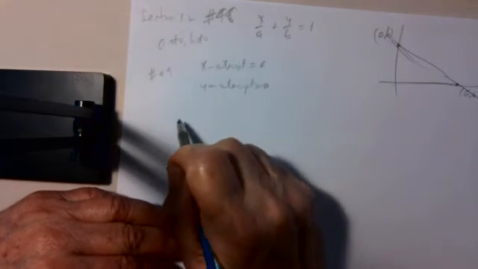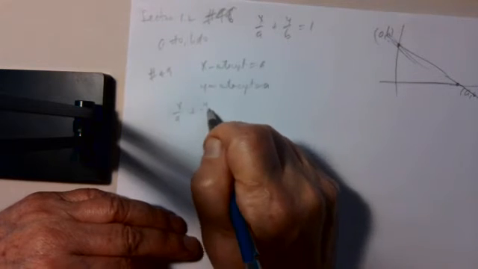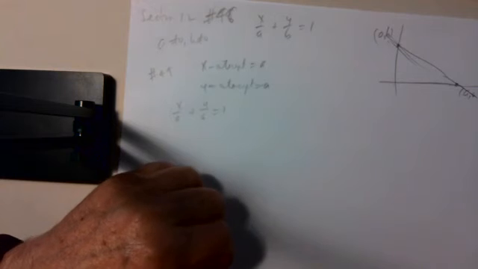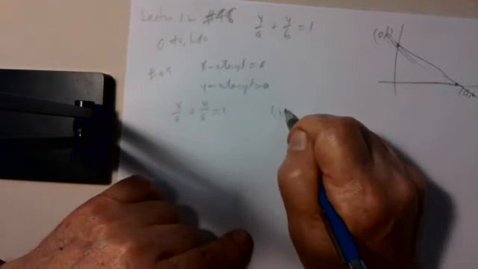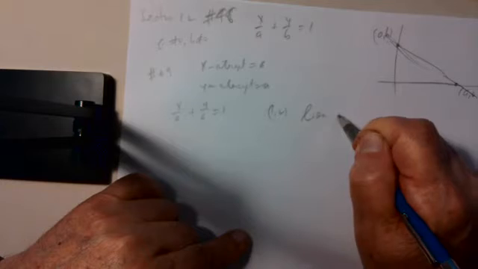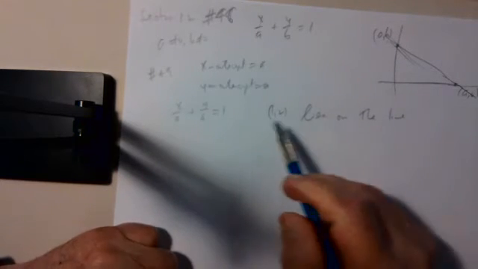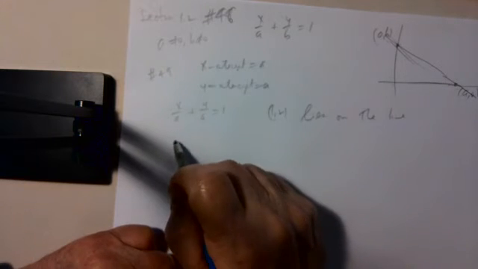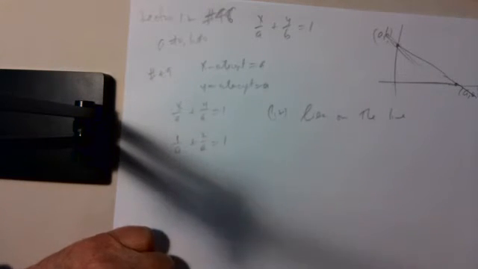So the equation of the line, we don't know what A is yet, but it's going to be x over A plus y over A equals 1. But we're told that the point (1, 2) lies on the line. So if you let x equal 1 and y equal 2, it satisfies this equation. In other words, 1 over A plus 2 over A equals 1.